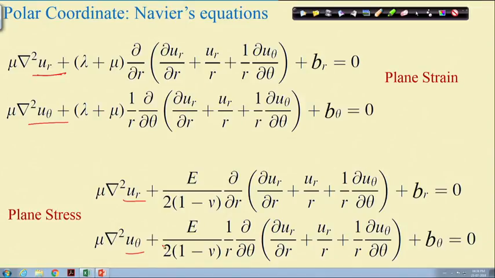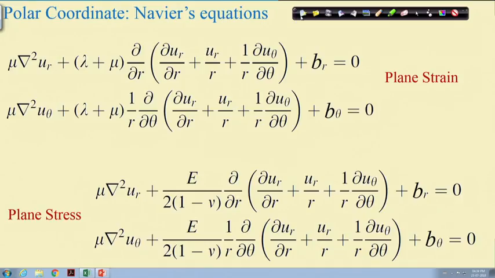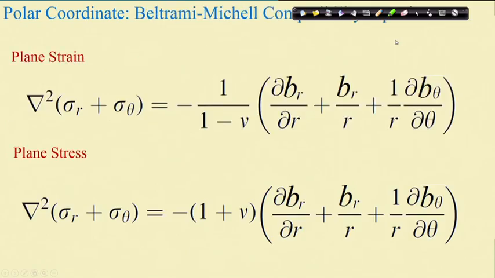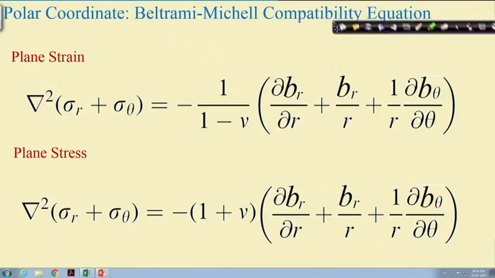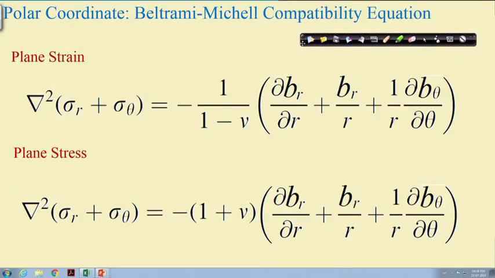As far as the derivation is concerned, it is exactly the same as for the Cartesian coordinate system. The only difference is that the operator del and the components of stress and strain are now different. The rest of the steps are just substitution. Once we have Navier's equation, let us also write the governing equation in terms of displacement, which is the compatibility equation.